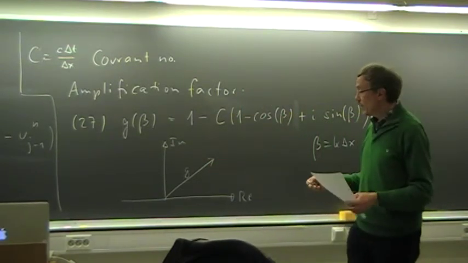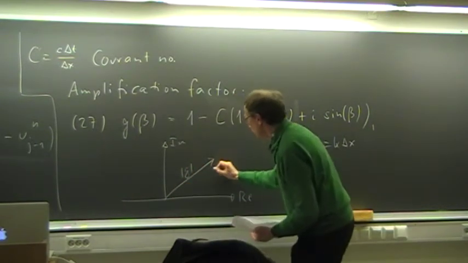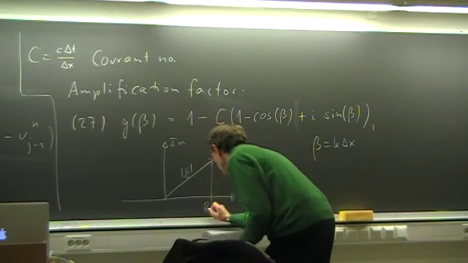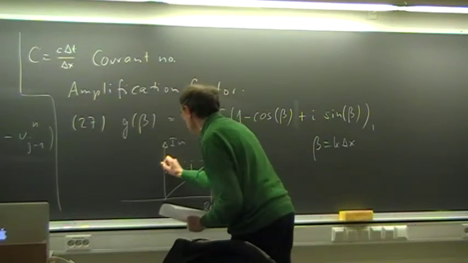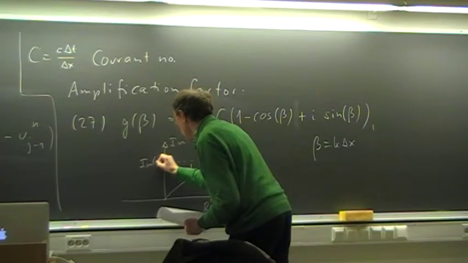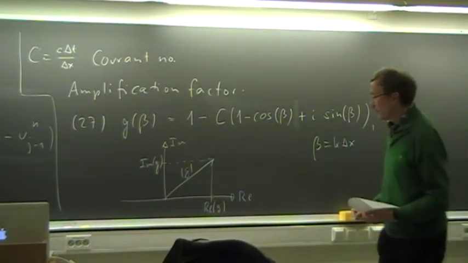It has a length, which is the absolute value, and it has a real part of g and an imaginary part of g. And they determine the angle that we have here.